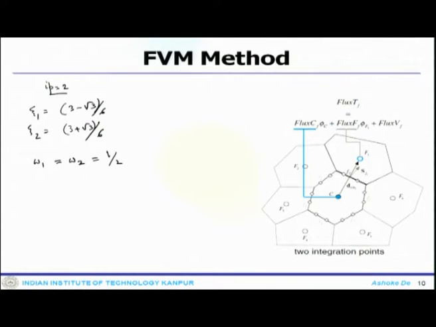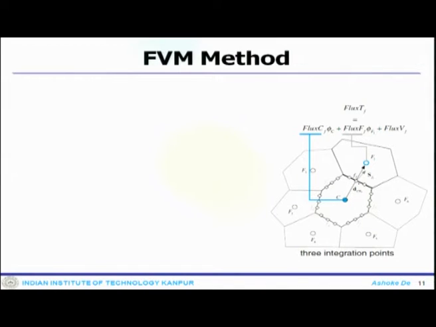Now I have 2 integration points, so the weighting function would be half and half, and xi1 and xi2 dictate the distance from one particular point to F1 and then the other side F2. So, they are the distance.